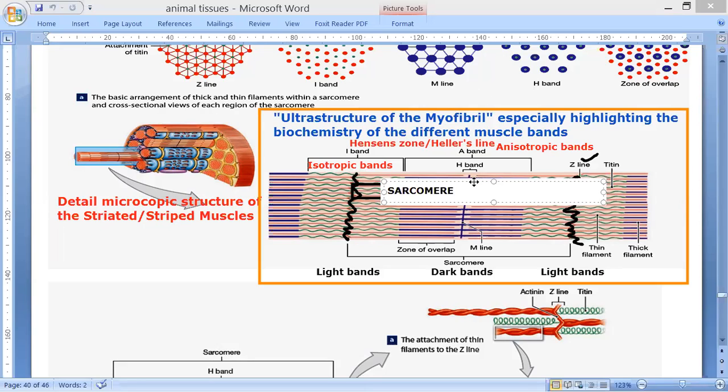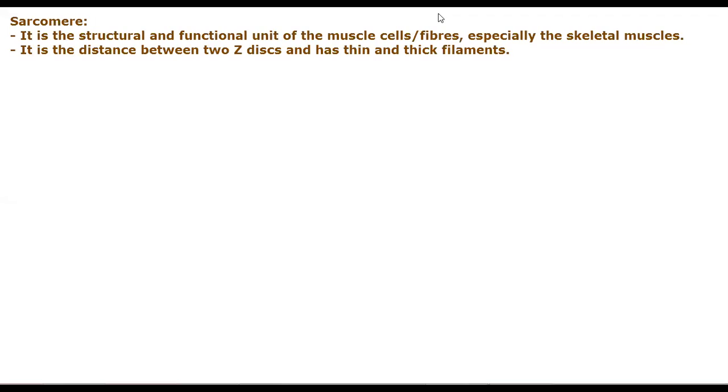So this whole architecture between two Z lines is referred to as a sarcomere. So this is what we will draw first. Then we will come into this understanding, then it will be easy to understand. So now we'll go to our basic structure.